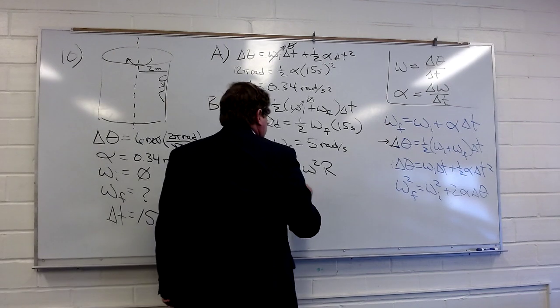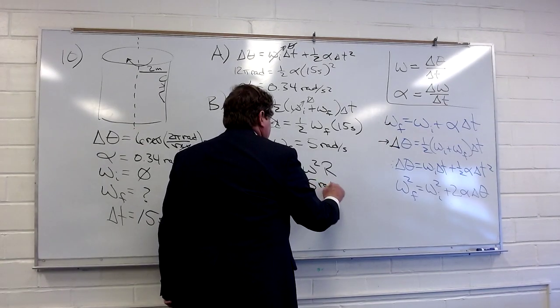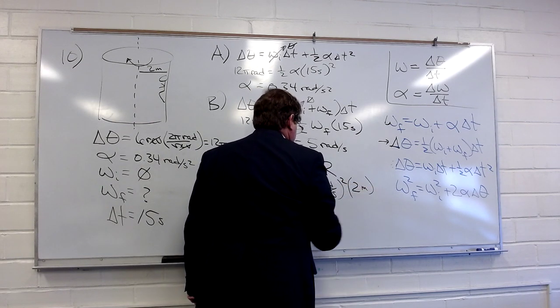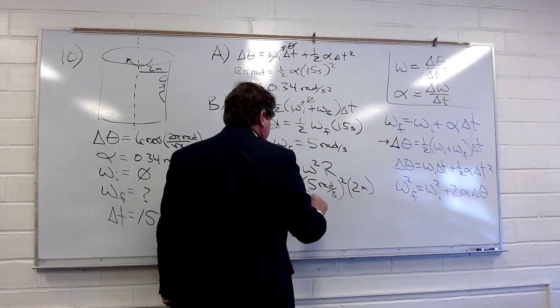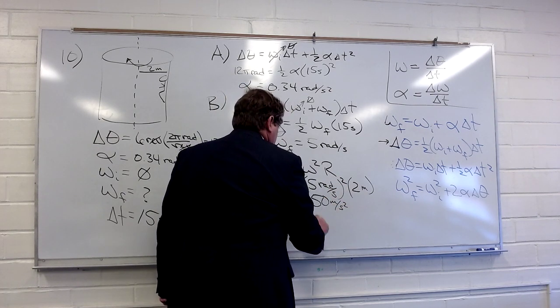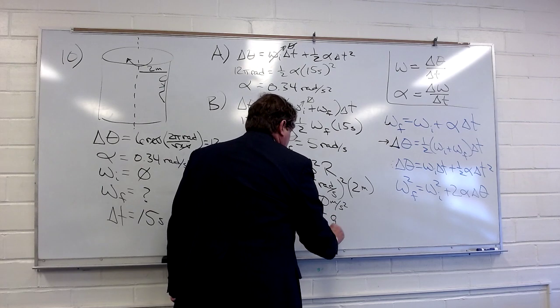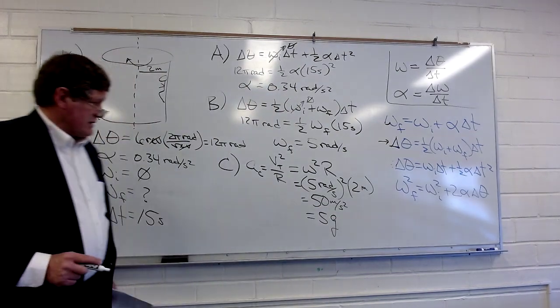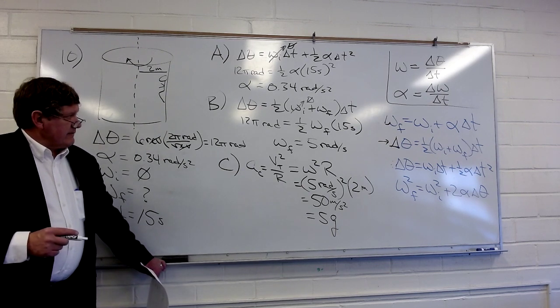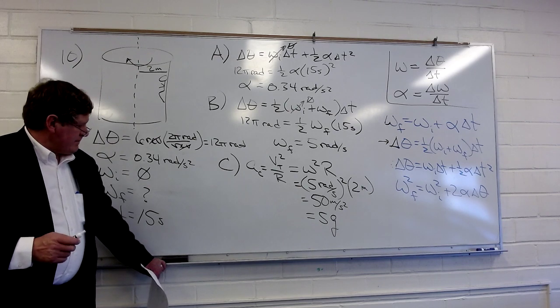And so this is going to be 5 radians per second squared times 2 meters. And that's going to be 25 times 2, or 50 meters per second squared, or 5 times the gravitational acceleration. So essentially, Billy is pulling 5g as if he were an astronaut here.